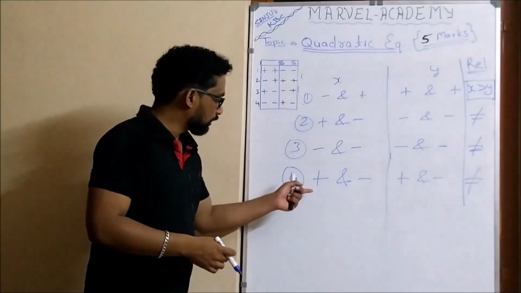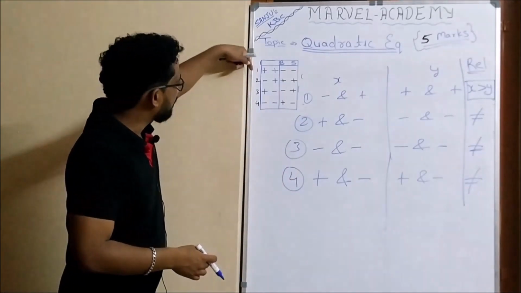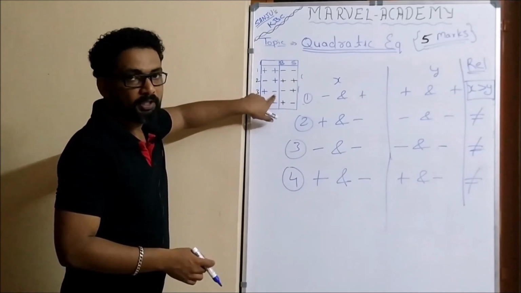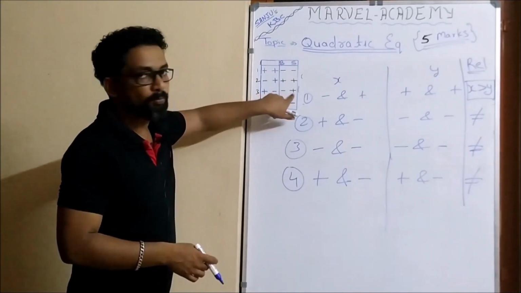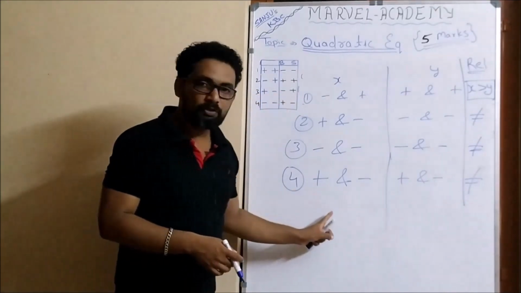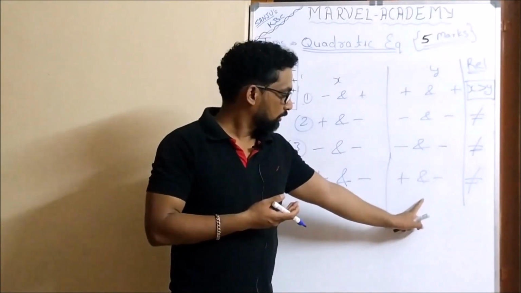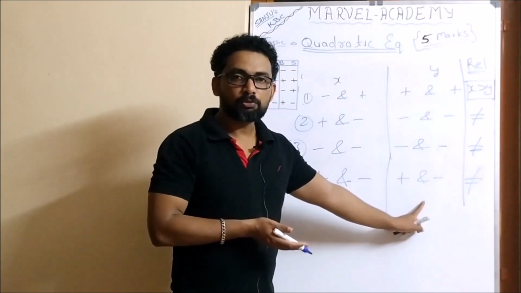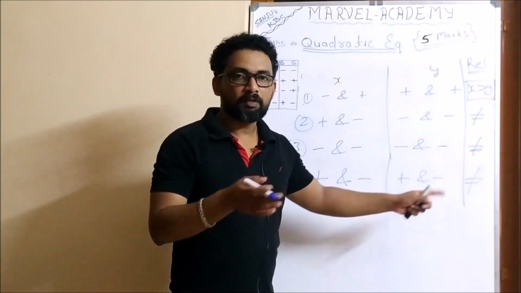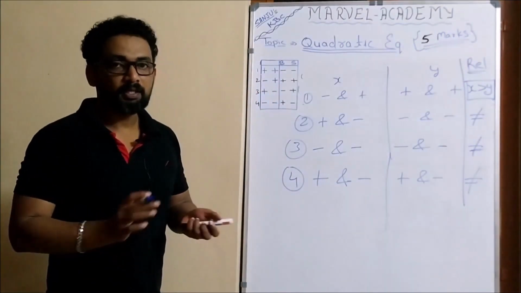Why? Because when our values are positive and negative, then our resultant will be negative and positive. So in x one factor value is negative and positive, and in y one factor value is also negative and positive. So definitely we cannot find the relationship.